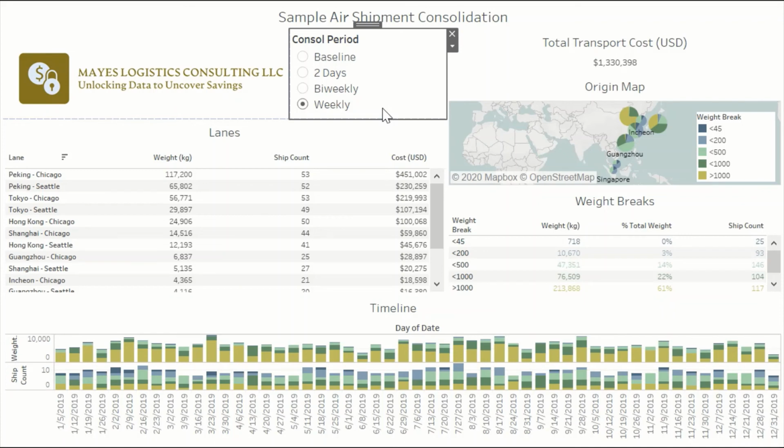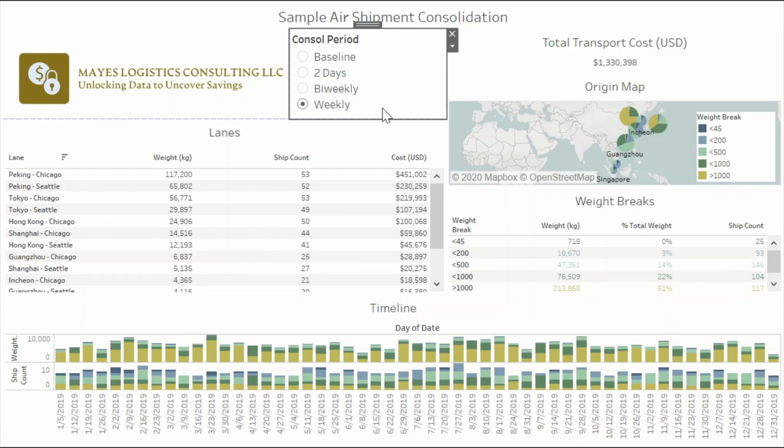So you also want to make sure that you're conducting a comprehensive inventory analysis in conjunction with this type of consolidation analysis to make sure that the trade-offs are going to make sense for your strategic objectives.